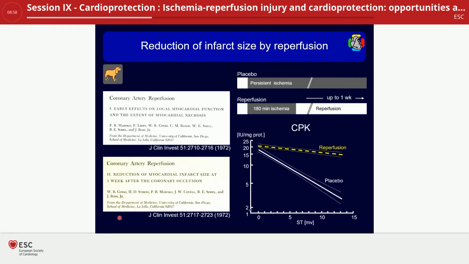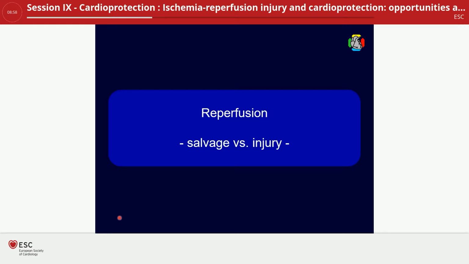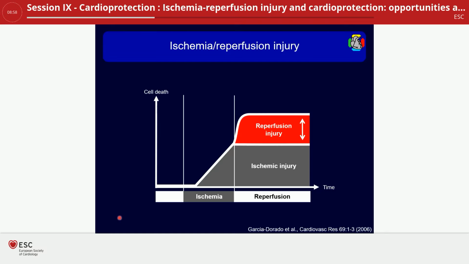Having said that about reperfusion, reperfusion is a sort of a double-edged sword. It salvages the myocardium, you have seen that before, but then again we know nowadays that reperfusion adds additional injury to the myocardium that has already been injured by the preceding ischemia. And this is a schematic slide that David Garcia from Barcelona has nicely put together. It shows that during ischemia, there is an increasing, almost linear increase in cell death over time, which is the gray part of that slide.